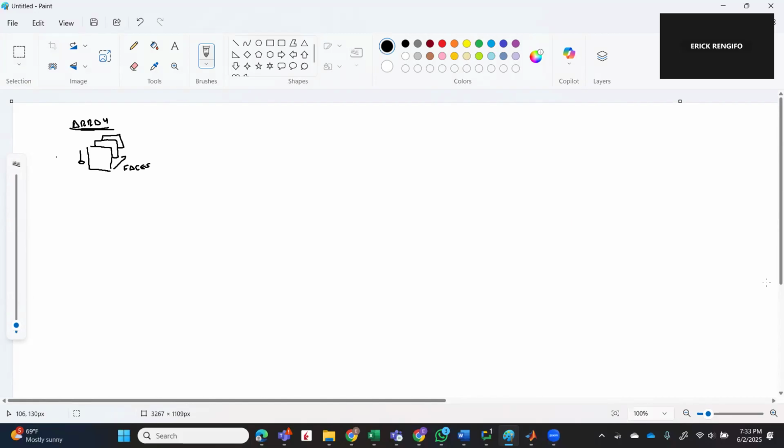These are rows, and these are columns. So how do you address an array? Let's call this array A. It's going to be rows, columns, and faces. So this is the way you're going to read the data.